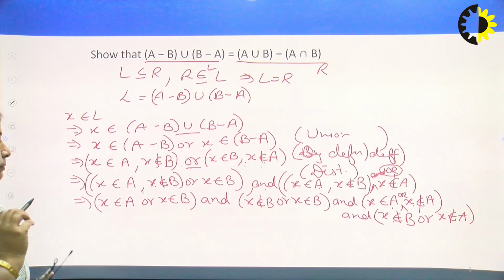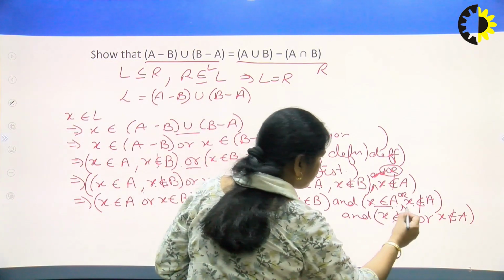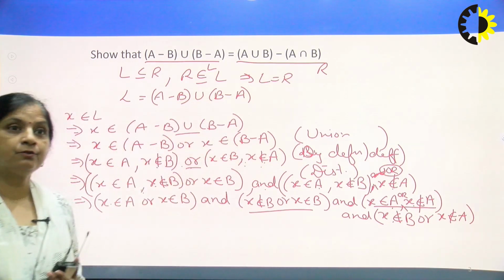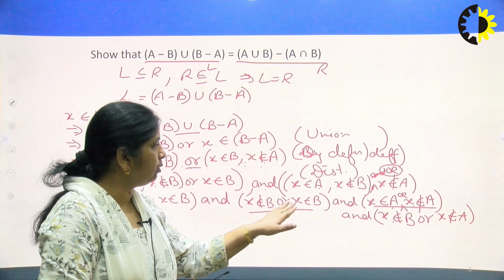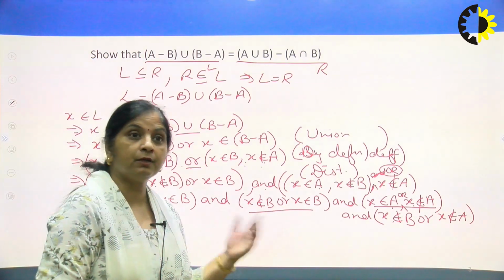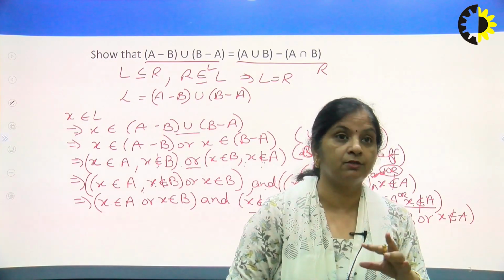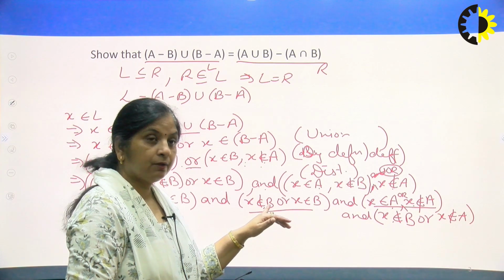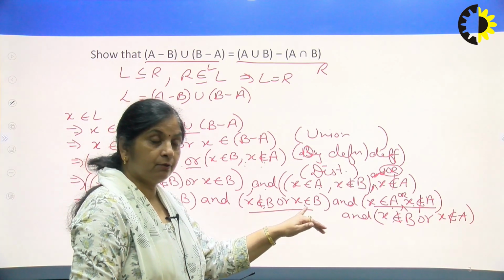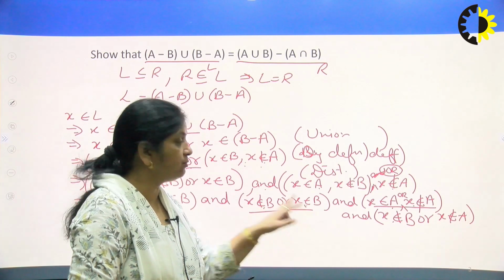Now see, when we are talking about these two terms, what it is saying? It is saying that X doesn't belong to B or X belongs to B. It means we are taking those elements, either this or this. Or means all the elements will be taken from here as well as here.